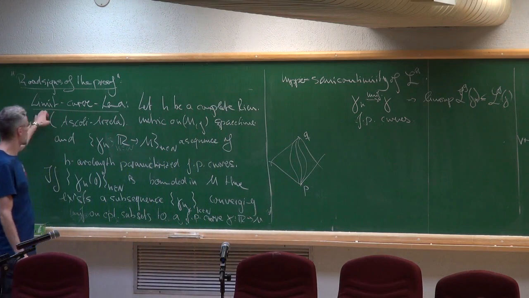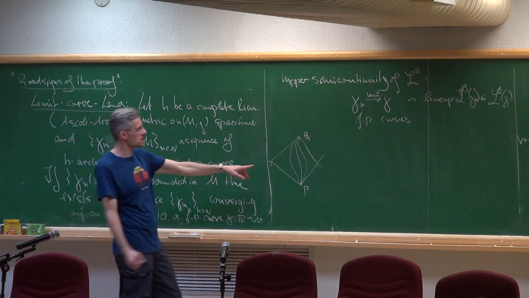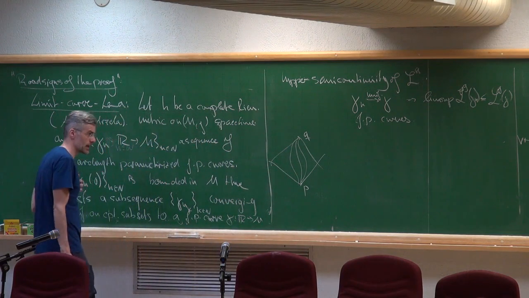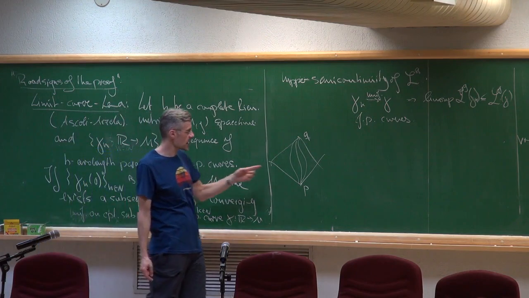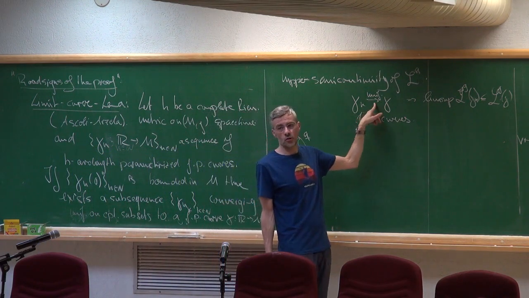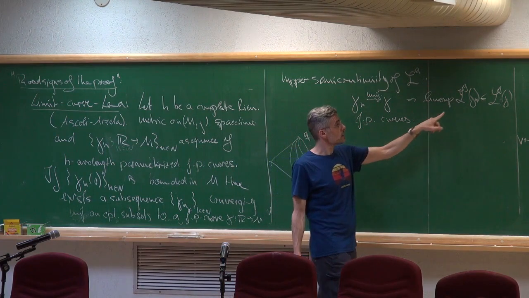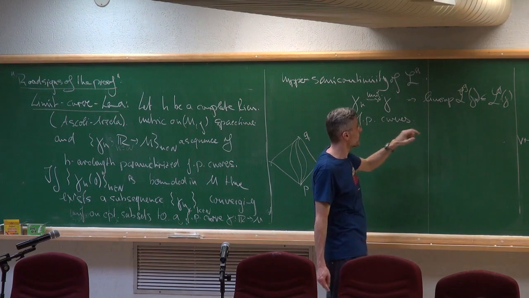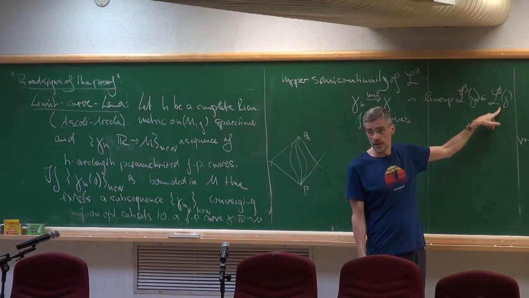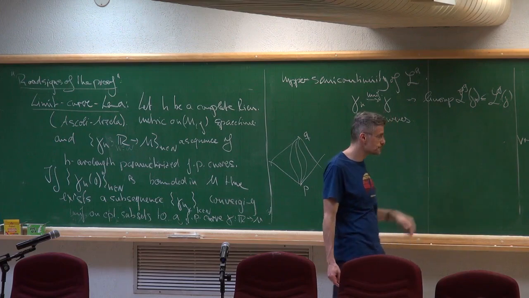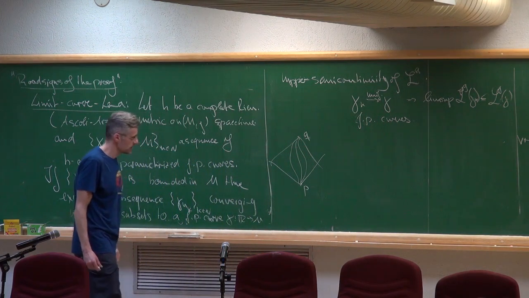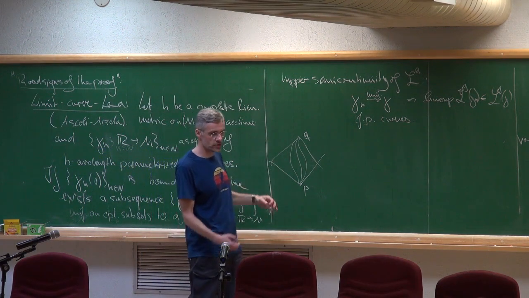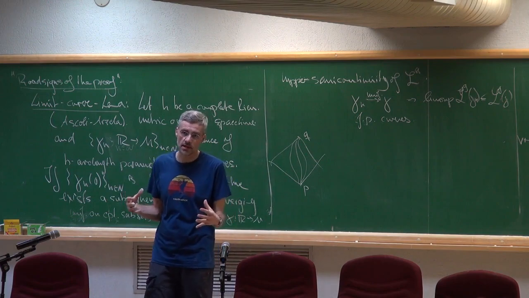Then the limit curve lemma says that any sequence in here, which you can extend to make it defined on the entire real line, has a converging subsequence, which then uniformly converges to a causal curve. And if this is a maximizing sequence of the length, then of course the limit will be maximizing. In Riemannian geometry, you don't need that, because there, to minimize, you know that it already stays in the bounded set.